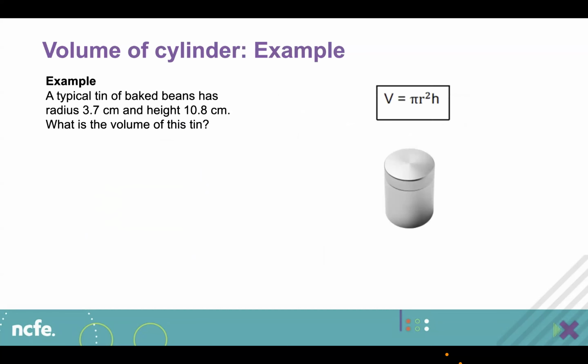So for example, a typical tin of baked beans has a radius of 3.7 and a height of 10.8. So V would equal pi times 3.7 squared times the height, 10.8.